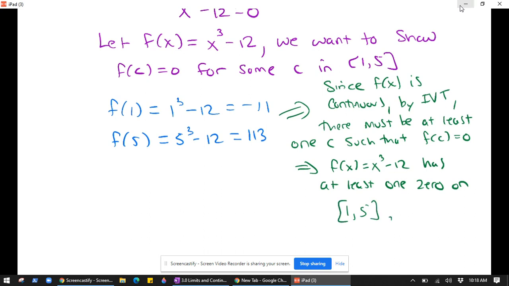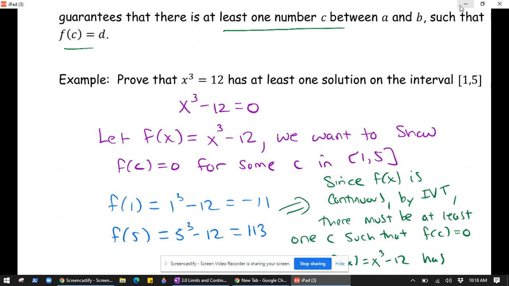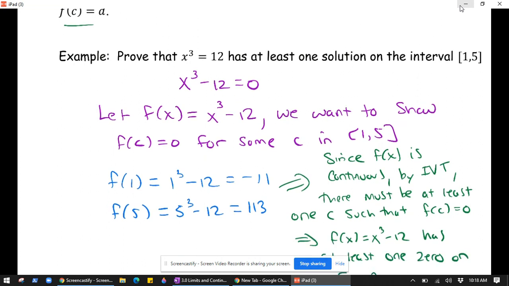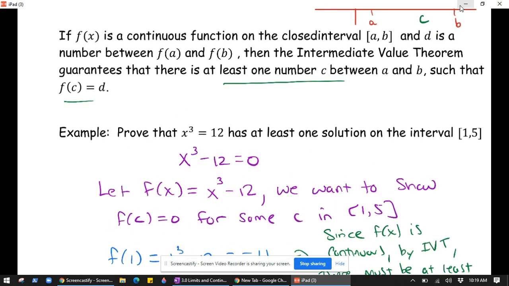Okay, so yeah, it's an existence proof here, and given all the technology we have, you probably file that under something that's obvious, but it's not always obvious when you're given a function that there exist zeros. And in fact, the intermediate value theorem is used a lot in computer science to find zeros for functions that are not easy to handle using algebra.